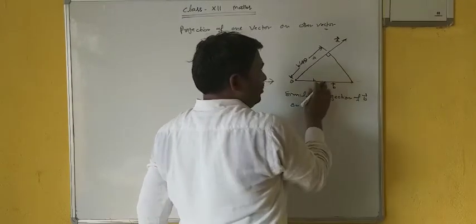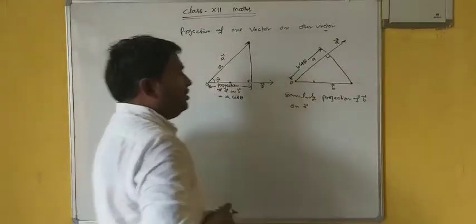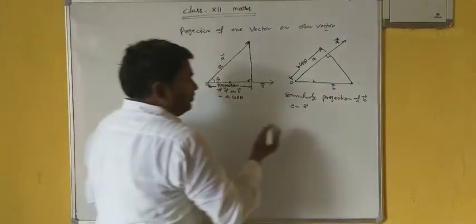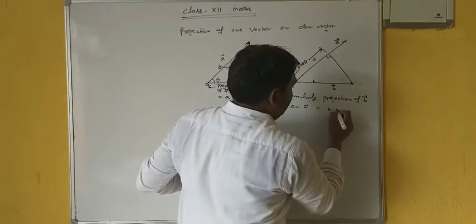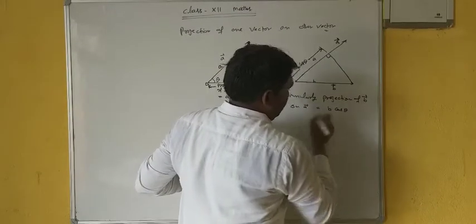So the projection of B on A will be equal to B cos theta.